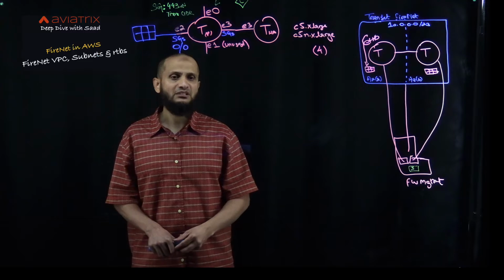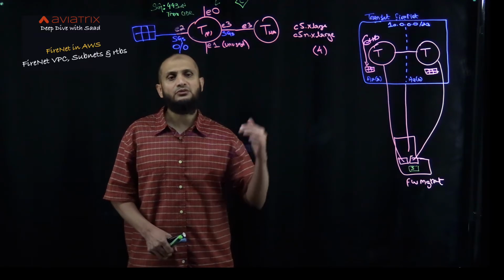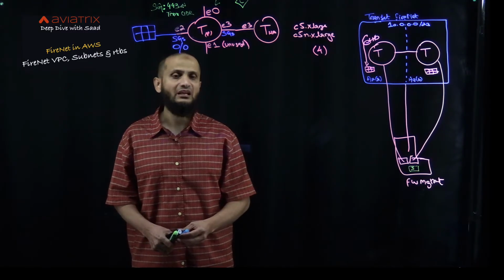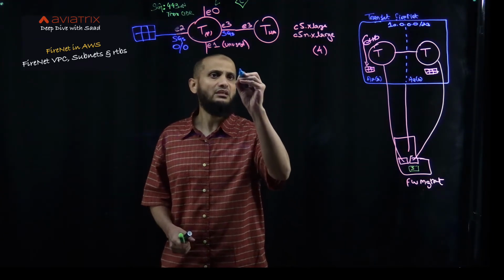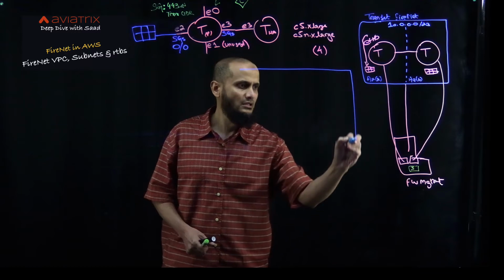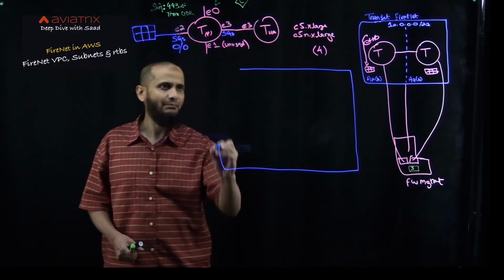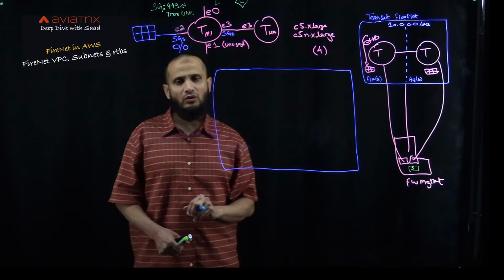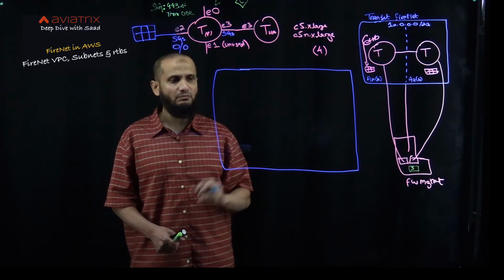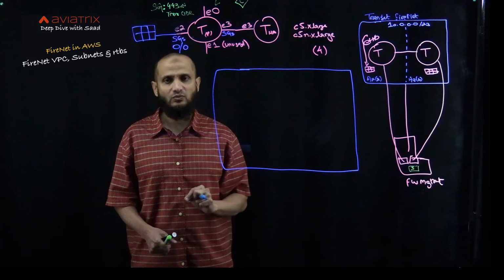So from the deployment perspective, you need to create the Transit FireNet VPC from the Aviatrix controller. When you create the Transit FireNet VPC, what basically happens at this point? You go onto the controller, create a VPC, and make sure you click on the transit one.